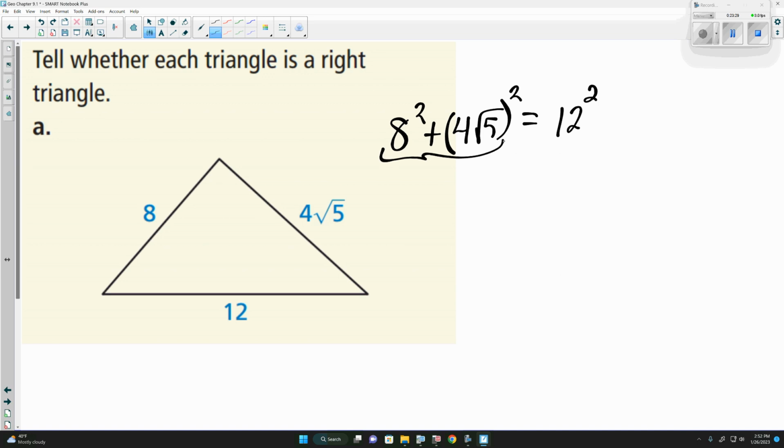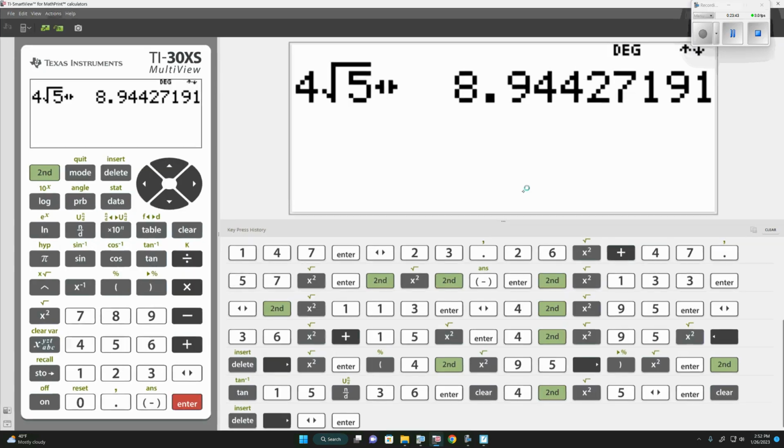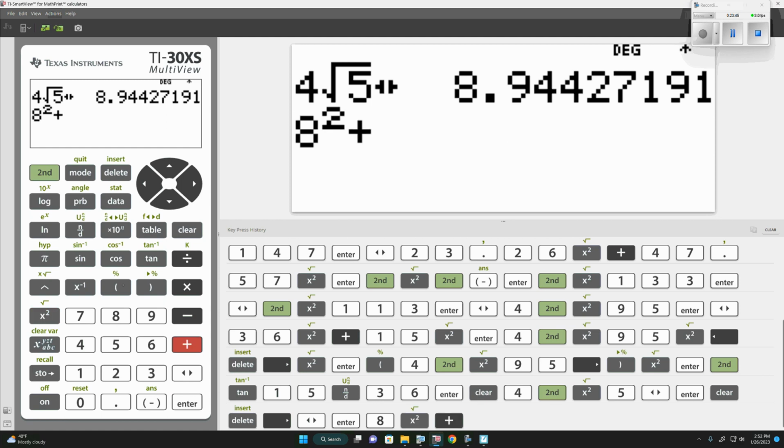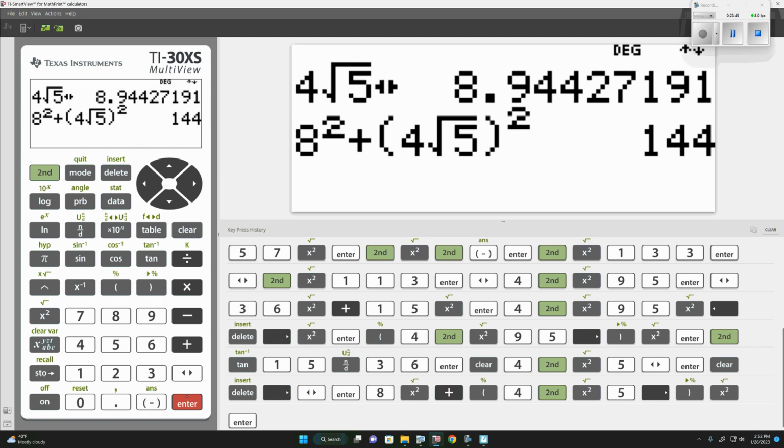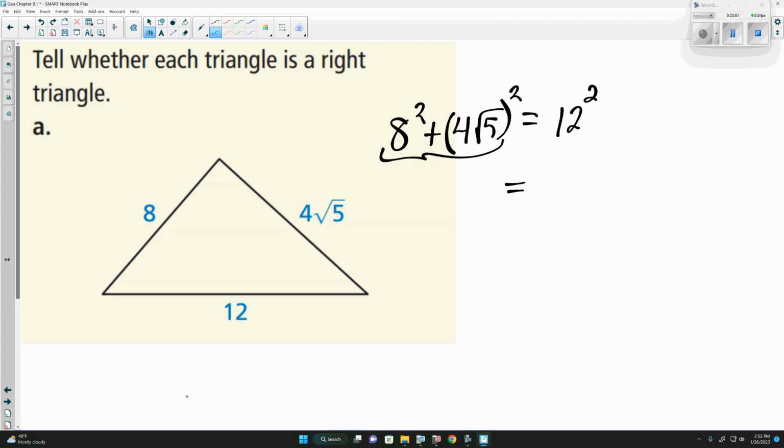Again, we need to make sure to put parentheses around the 4 square root of 5. And we will get 144. 12 squared is?